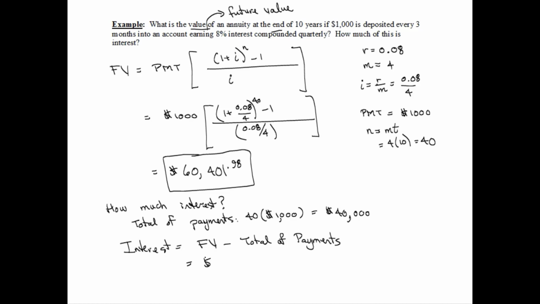So I take my $60,401.98, and I subtract the $40,000 in payments, and I end up with total interest of $20,401.98. Let's move on.